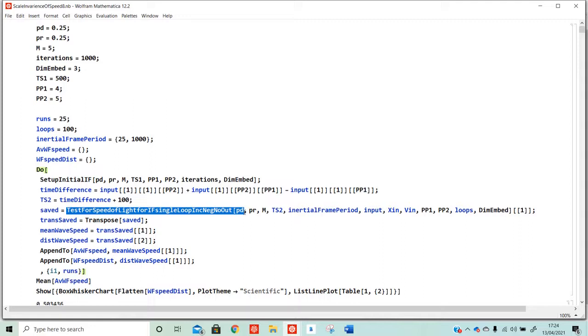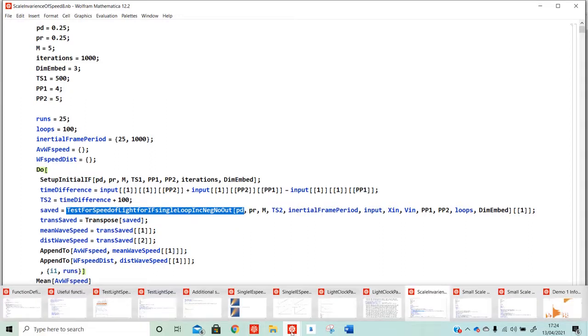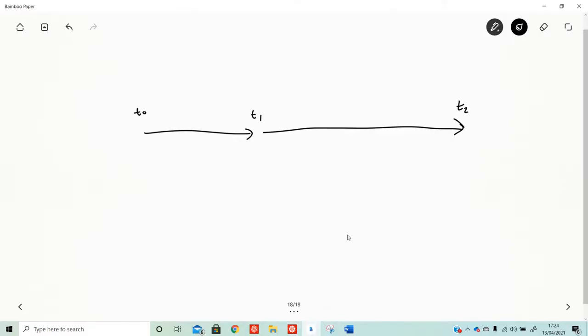So let me then explain how this works. We're taking a number of runs. Let's say there's 25 of them, and they all go up to t equal to 1.